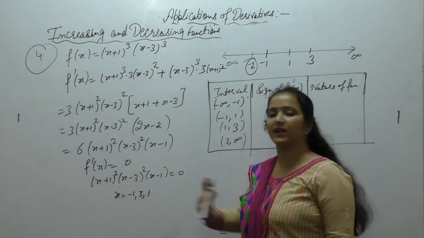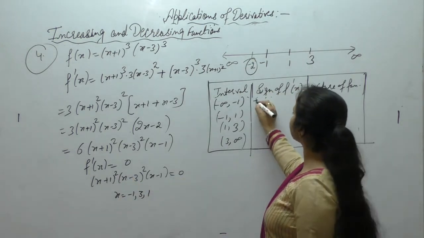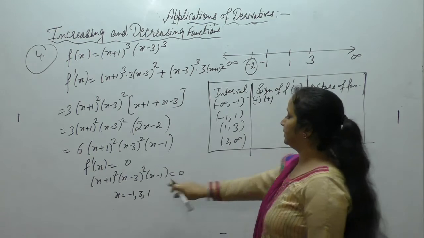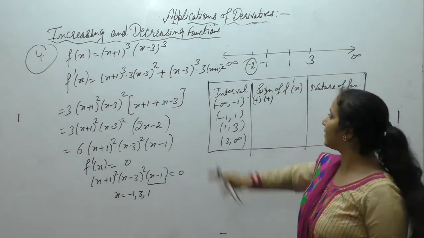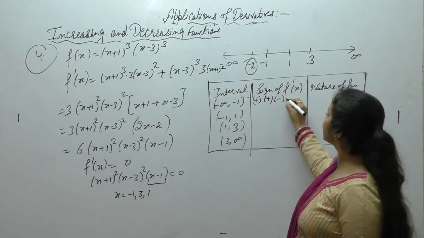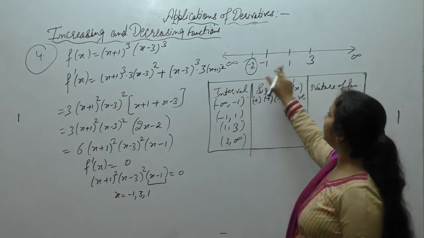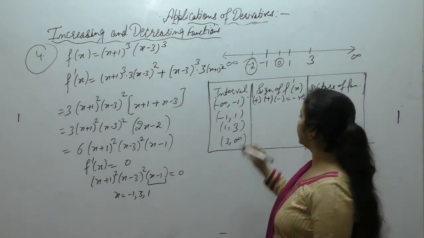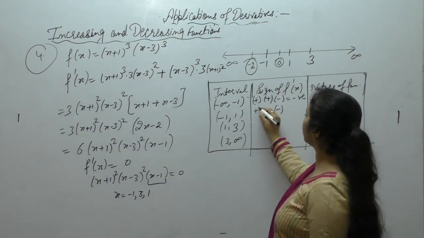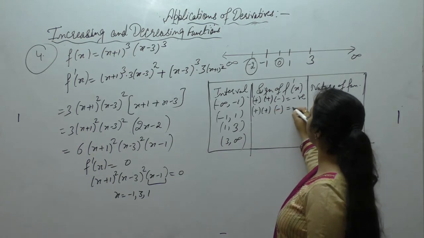Whole square will always be positive. So two signs will be positive here. Now we only have to check the sign of this x minus 1. Minus 2 minus 1. Between minus 1 and 1, let the number be 0. 0 minus 1 is negative here. Whole square will always be positive.